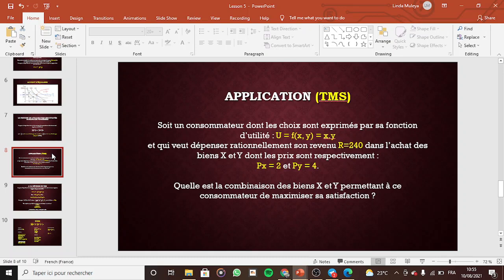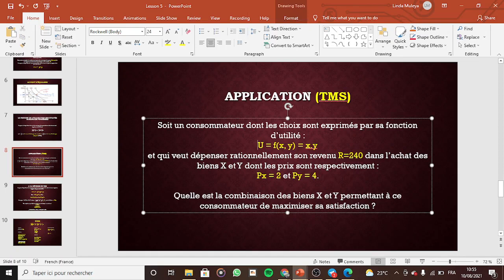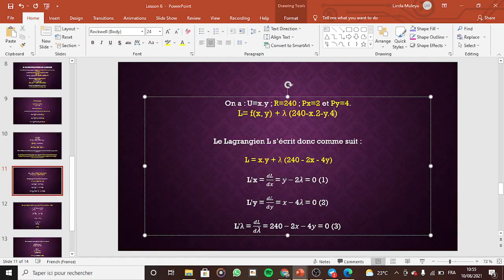In this question, our formula was u equals f of x and y equals x times y. So always take note that our formula for f of x and y is x times y. That's what we're going to have here, where it's now just been reduced to x times y.